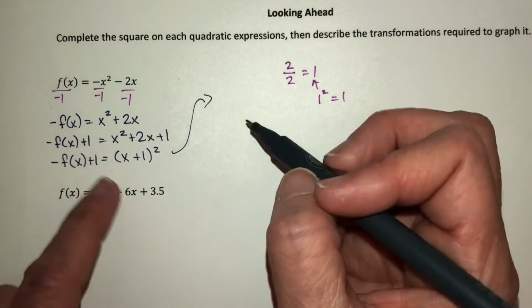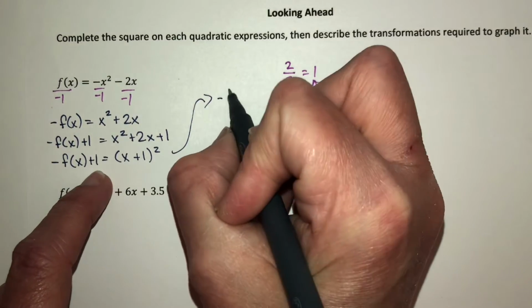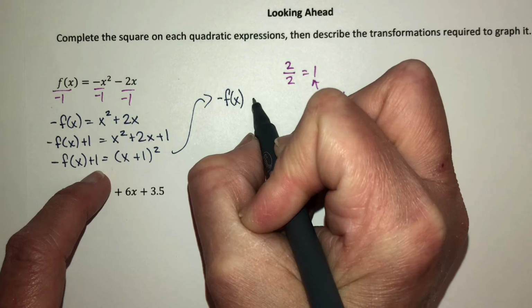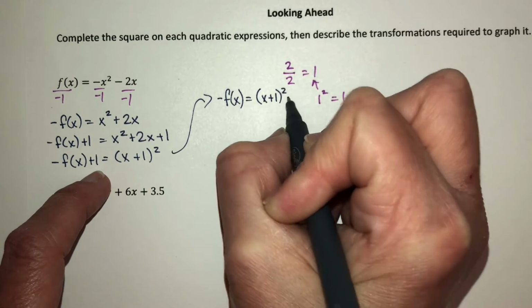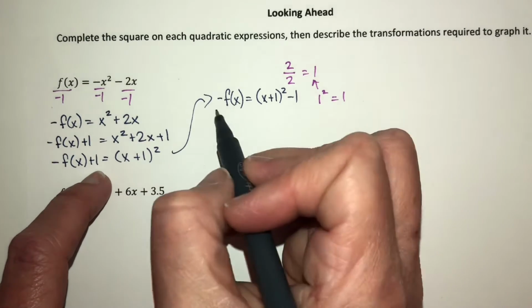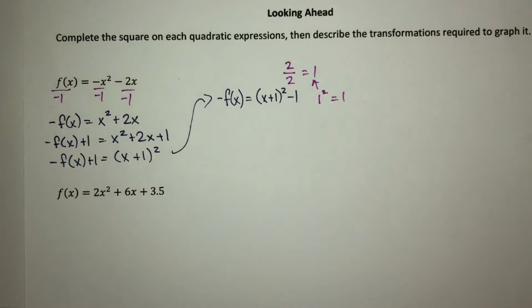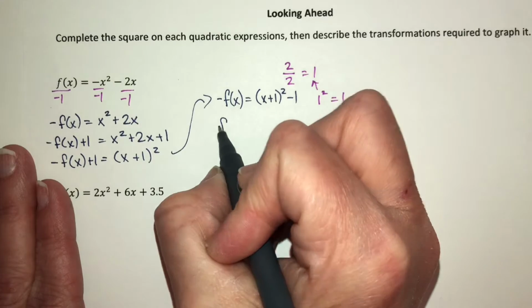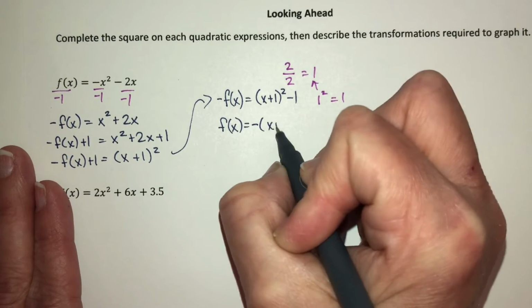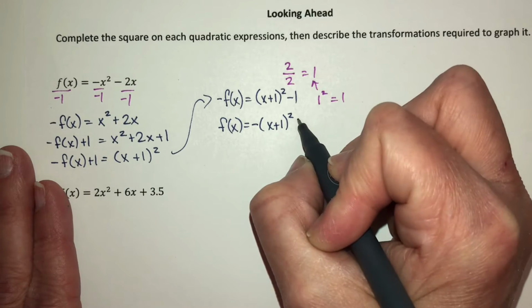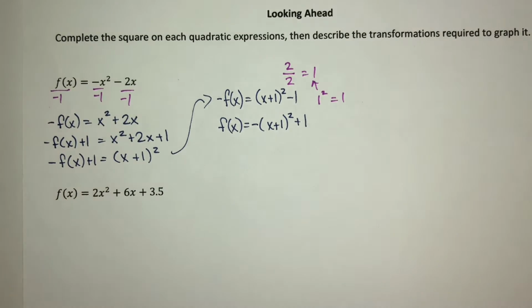So coming back over here, I'm going to subtract 1 from both sides. And now I need to multiply or divide everything by -1 so that I end up with f of x is equal to negative x plus 1 squared plus 1.